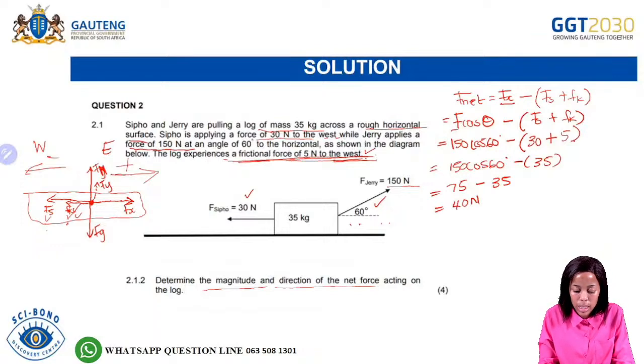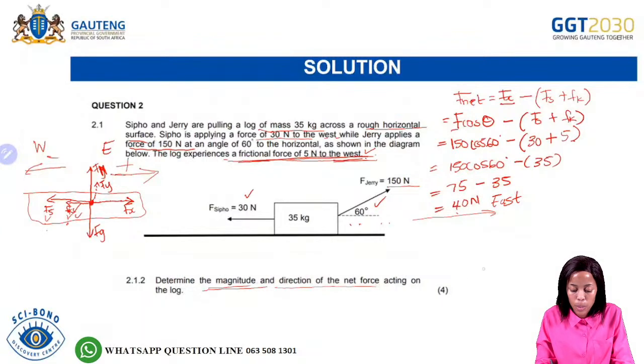Okay, so since we have a positive answer of 40 Newton, we are going to say that our direction, because remember the question said you need to determine the magnitude, which is the 40, and then our direction will therefore be to the right, easterly direction, or east.